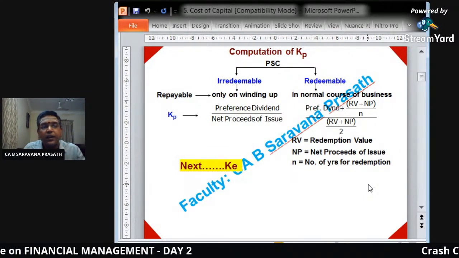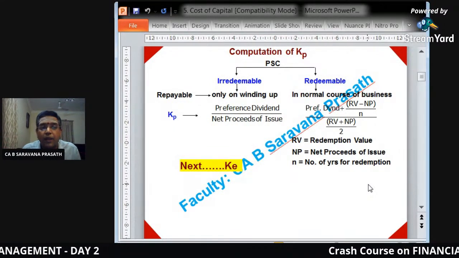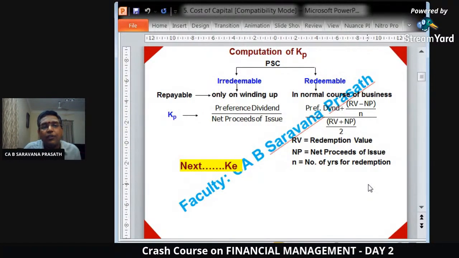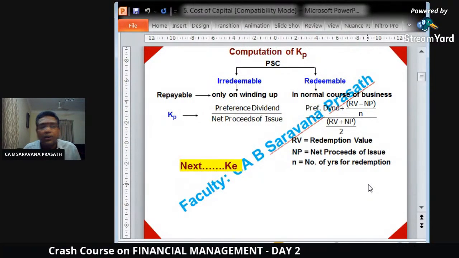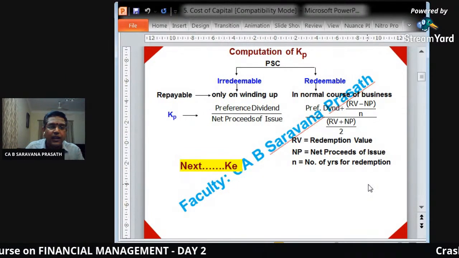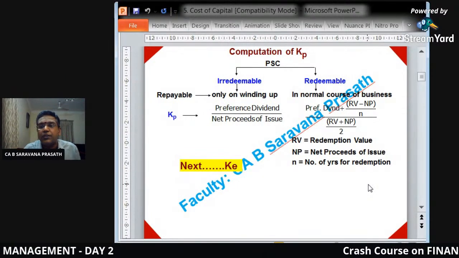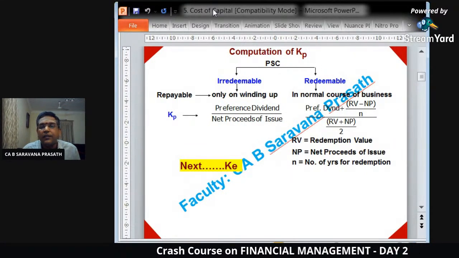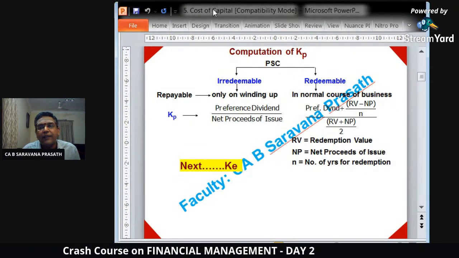At the end of the period, when you redeem, the obligation is the value you have got to redeem. So, opening liability plus closing liability divided by 2 is equal to average liability.